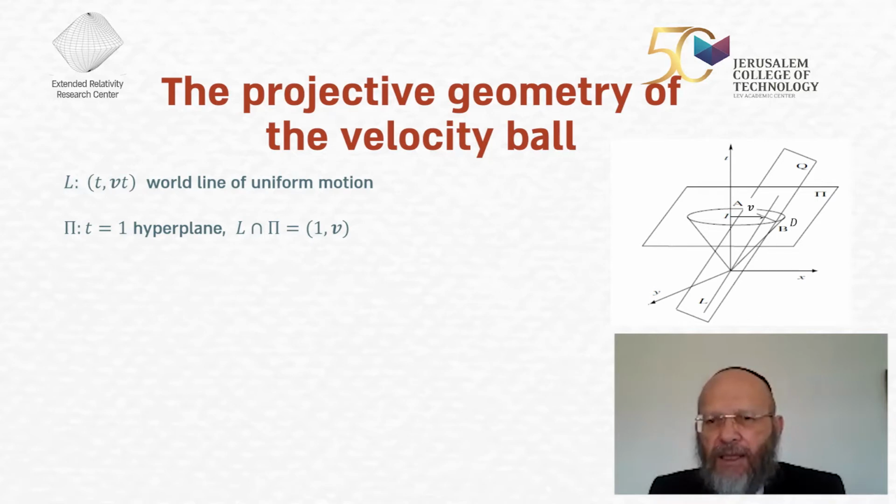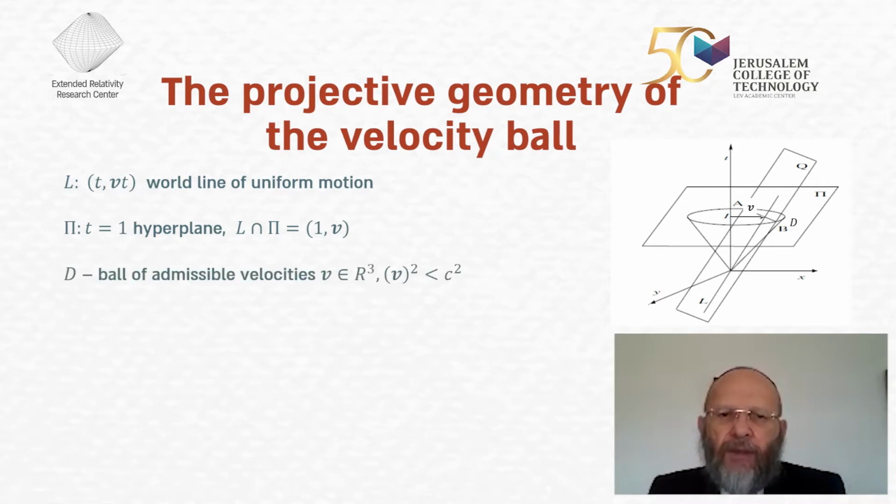This is the t-axis, t equals 1, this plane pi. What happens when you take t equals 1, the value at the intersection of this line with the plane is (1, b). So 1 will always be there, because we took the plane t equals 1, and here we have the velocity. So we have an association of any line going through the origin with a velocity in this way.